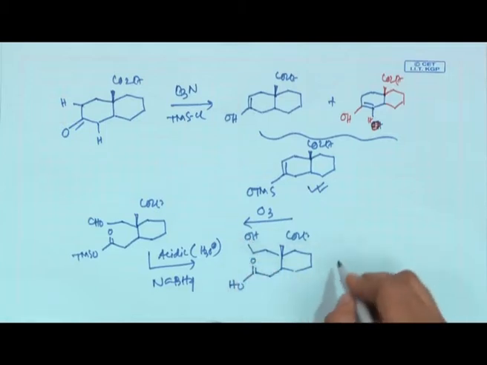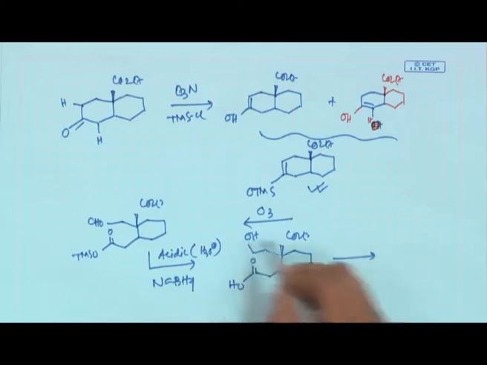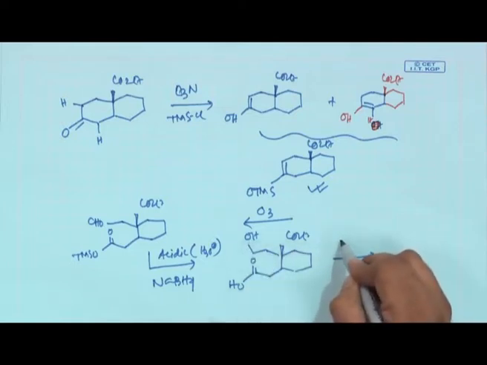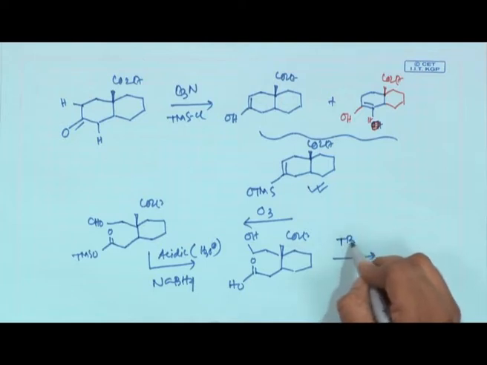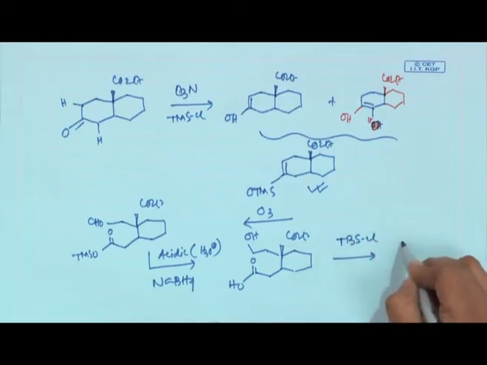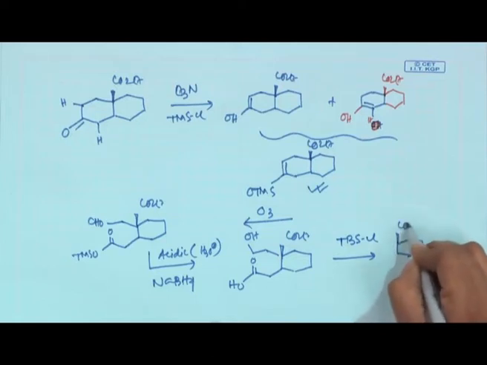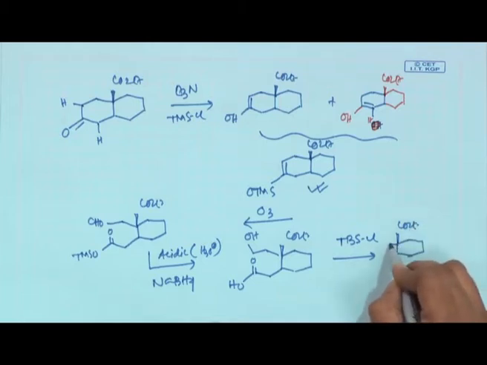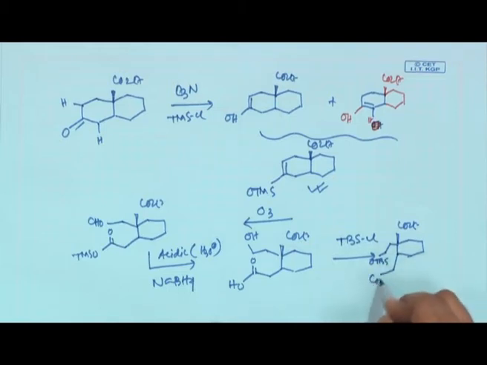Otherwise, let's protect this hydroxy group by, say, TBS chloride. This gives you the CO2, it is here, so CH2 OTBS, and this is your CH2 CO2H.